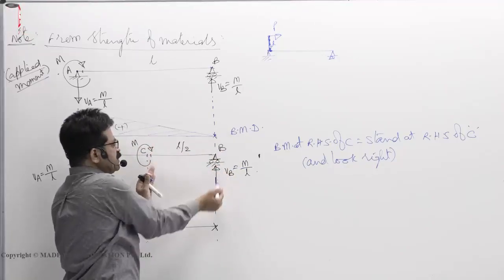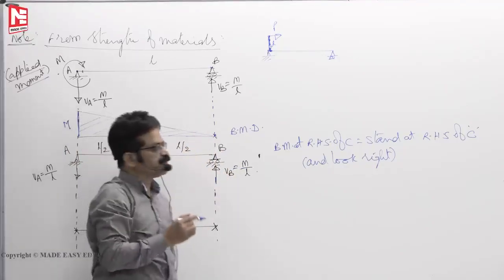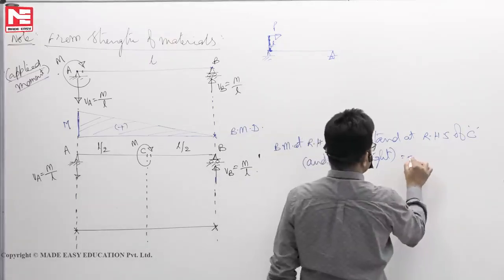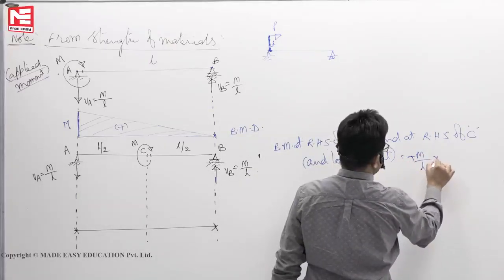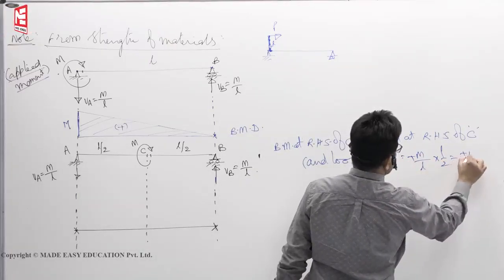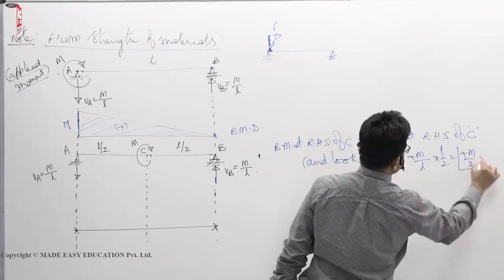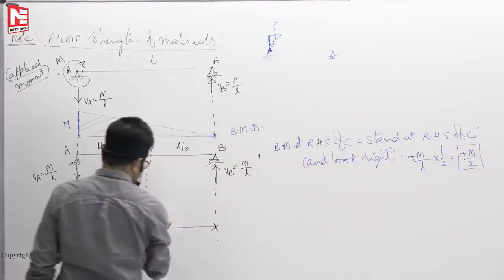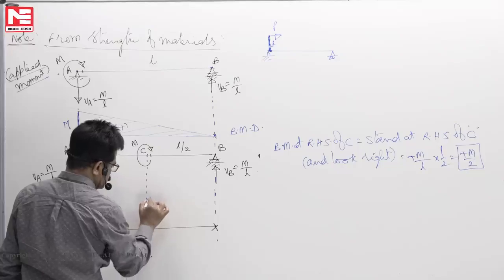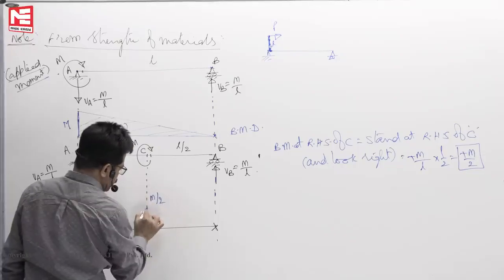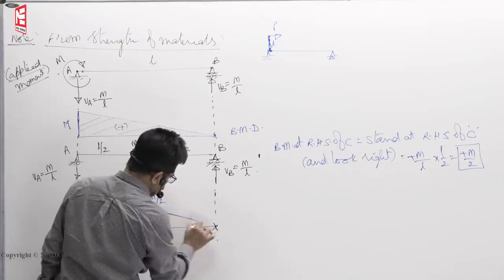Only one force is there. Upward forces always give positive bending moment. So plus M by L into L by 2, you will get plus M by 2. Plus M by 2 means somewhere here. This is the bending moment just to the right-hand side of C.